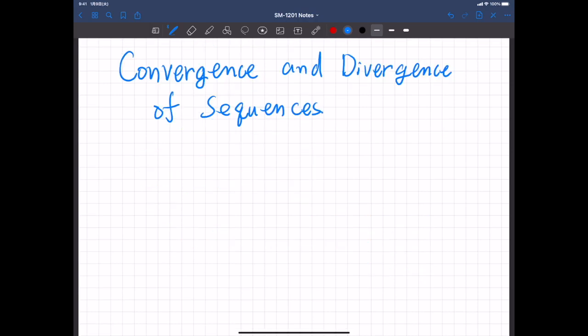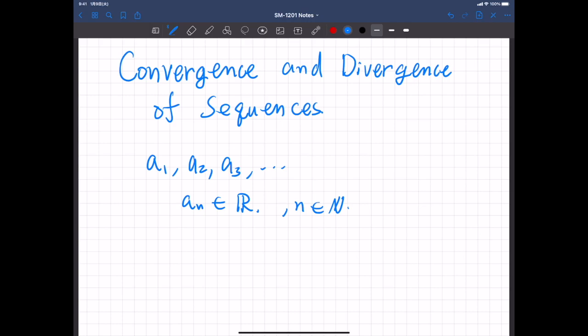Okay, now we study convergence and divergence of sequences and some related notions. So let's consider a sequence such as a1, a2, a3, and so on, where each an is a real number, and of course each n here is a natural number.